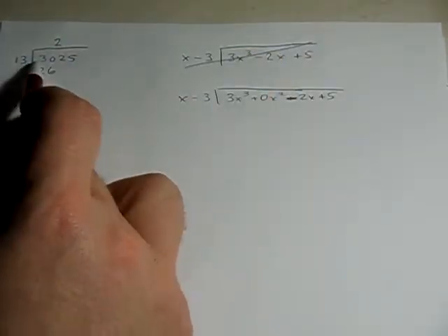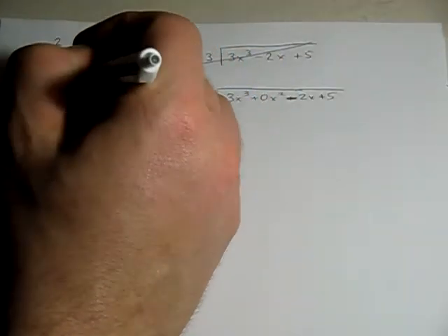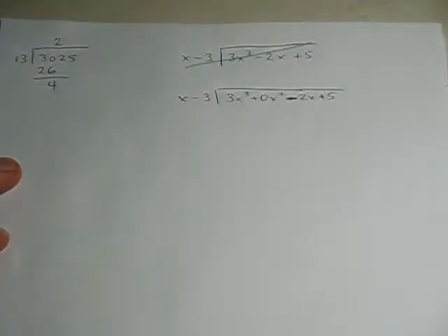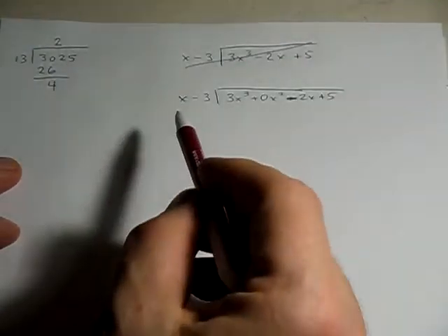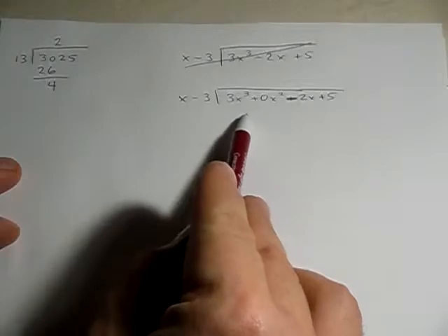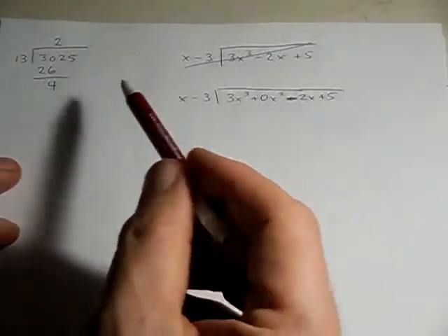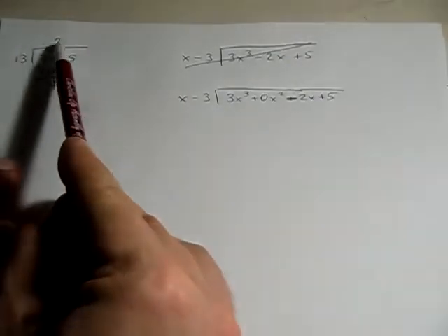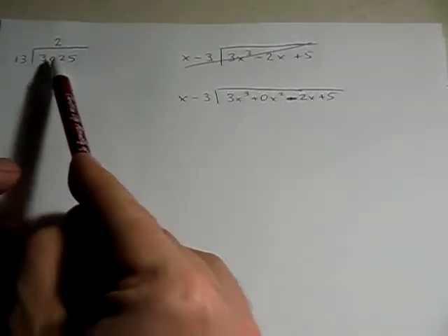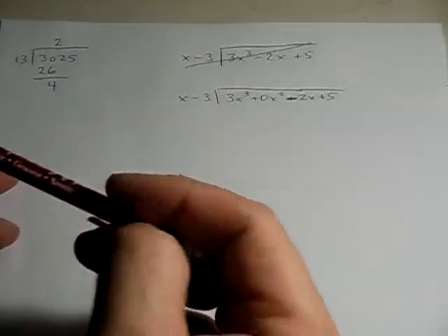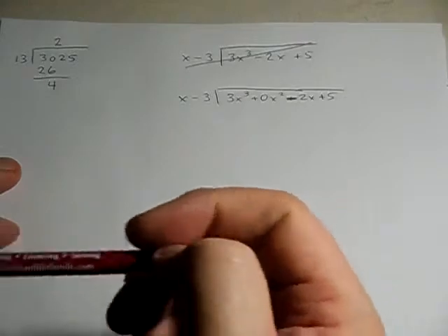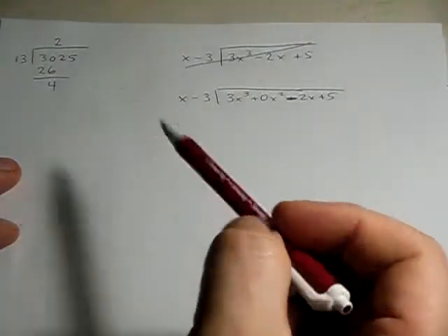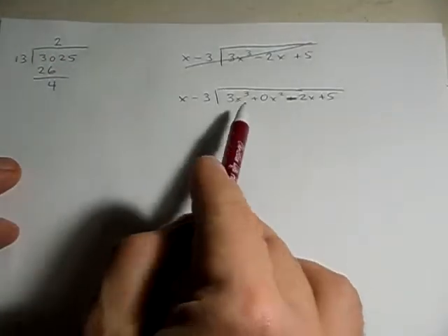And then we would subtract. 30 minus 26 is 4. Well, we're going to do the exact same process over here as well. And that process, if you want to just remember like a mantra, it is divide, multiply, subtract. Okay, so divide, multiply, subtract. The same 3 steps will cycle over and over in these problems.